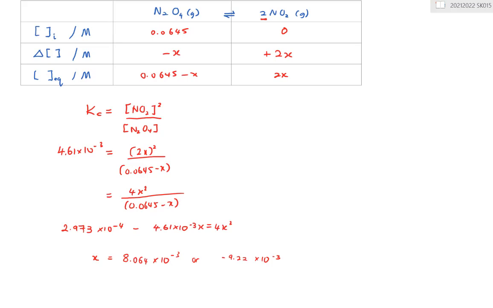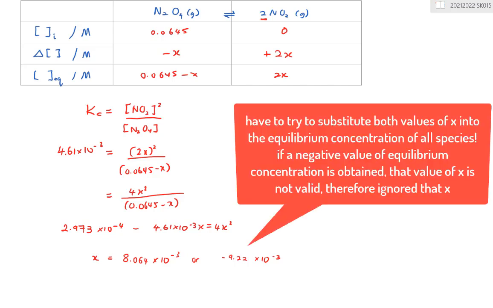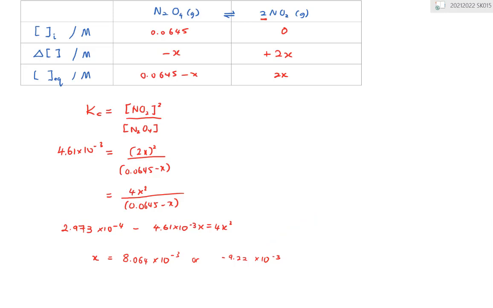After solving your quadratic equation, you will get two values of x, and you need to try and error, substituting the value of x into your equilibrium concentrations. If let's say you get a negative answer, a negative concentration, then that will be wrong, because concentration should always be a positive value. So in this case, the second x value over here, we have to ignore it. We are using only the first x value.